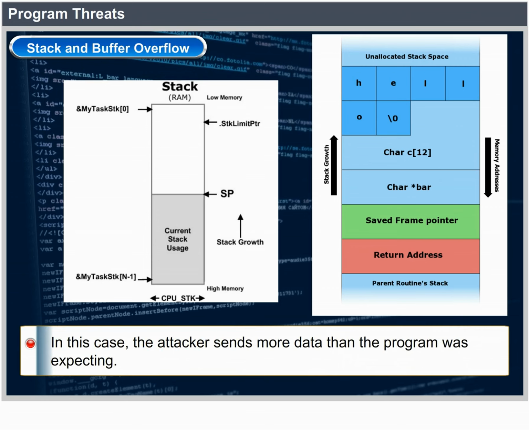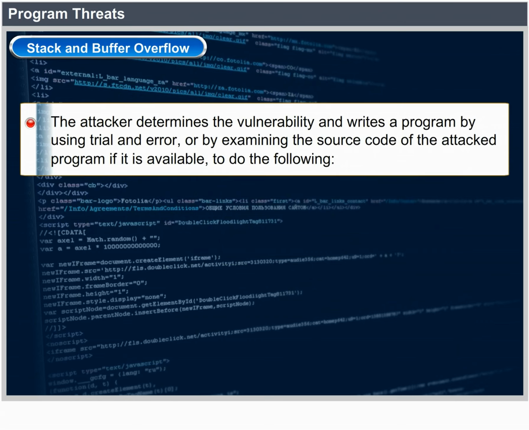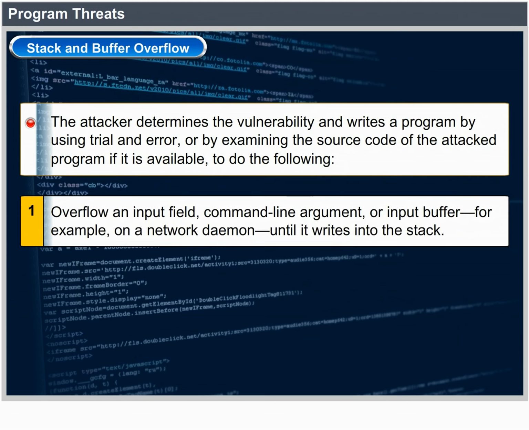By usual trial and error or by examining the source code of the attacked program if it is available, the attacker determines the vulnerability and writes a program to do the following: overflow an input field, command line argument, or input buffer, for example, on a network daemon until it writes into the stack.